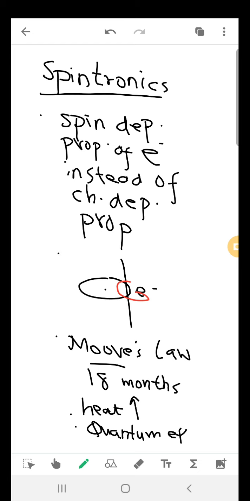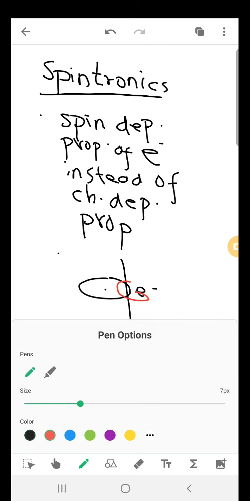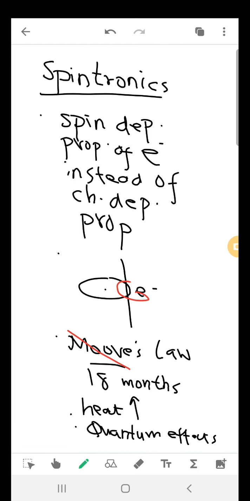So these two conditions do not tally with what Moore said, so it is failing Moore's law. Okay, now we come back to spintronic devices.